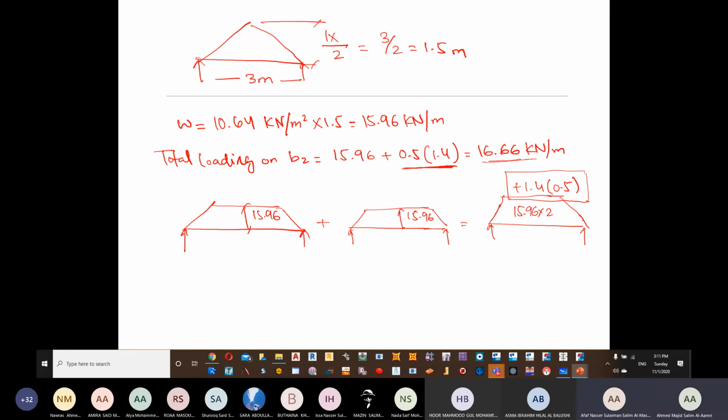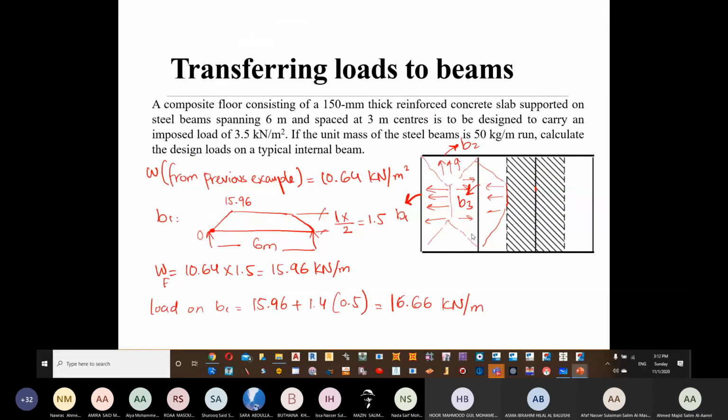Mister? Yes. Can you please say it again? Why did you multiply the last one by 2? Because there are 2 trapezoidals. If you see this beam number 3, it's taking 2 trapezoidals. This is number 1 and this is number 2.